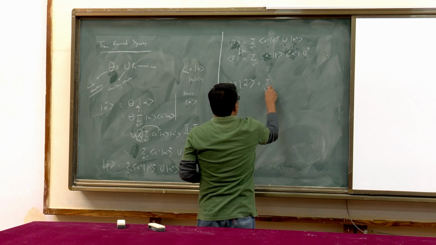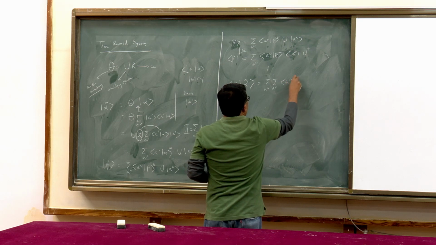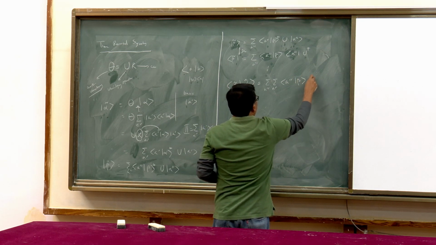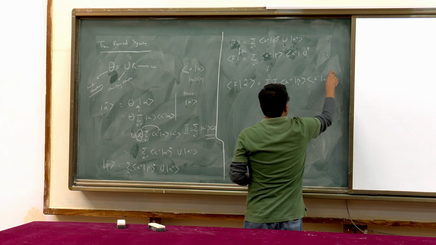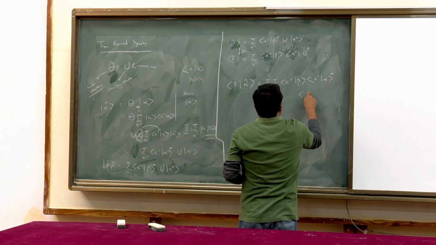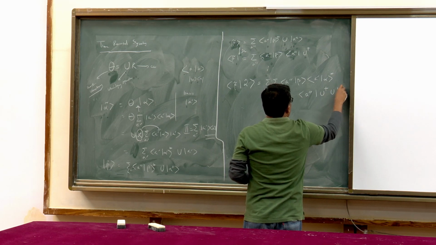So you have sum over A double prime, sum over A prime, A double prime beta, and we have A prime alpha star and A double prime u dagger u A prime.